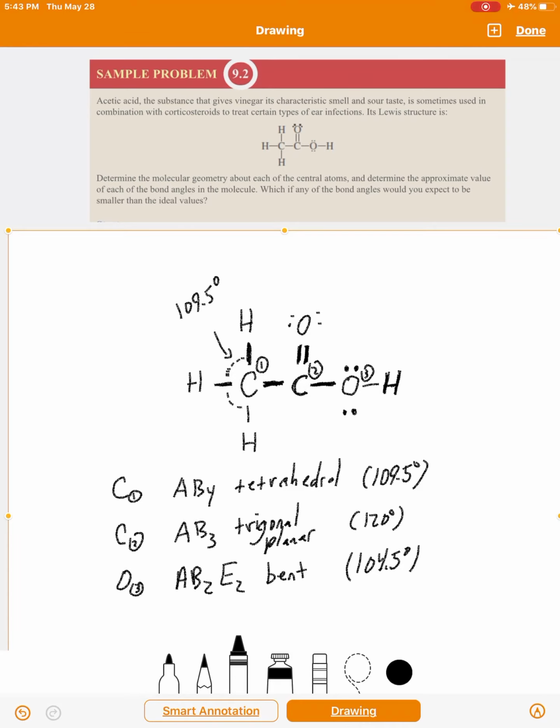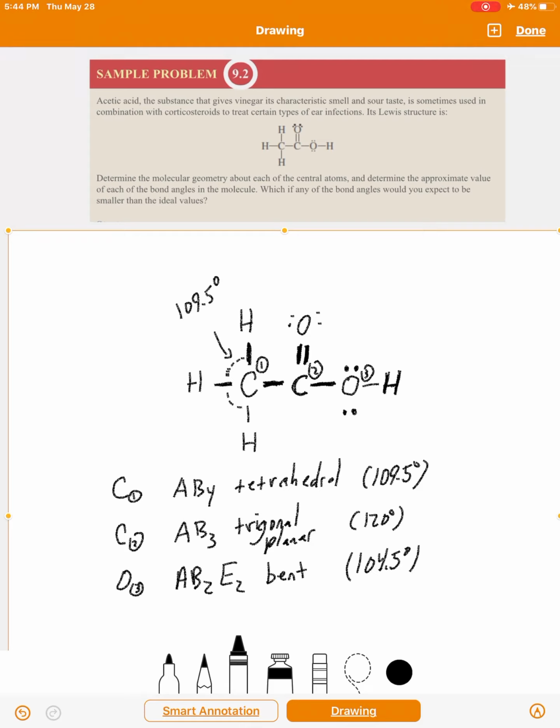Now, because carbon 2 is doubly bonded to an oxygen, the bonding that takes place here, that extra bond, takes up a little more space. So it will have a tendency to push the other bonds a little bit closer together.